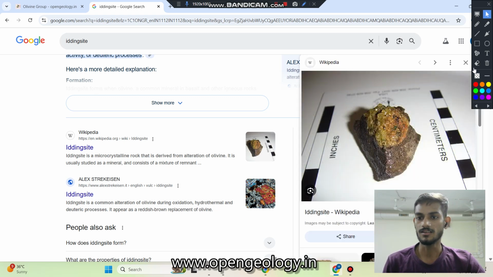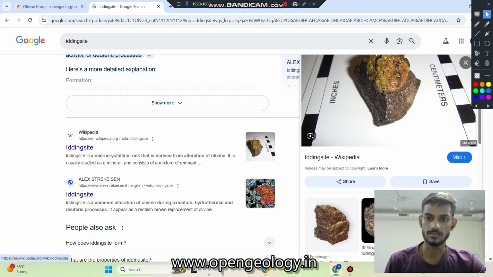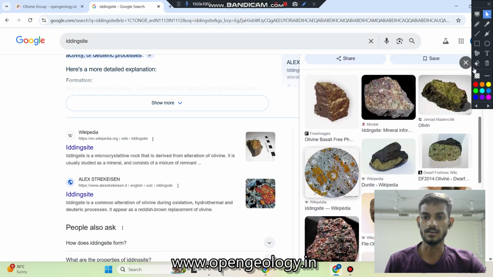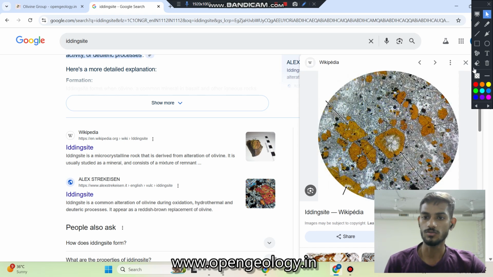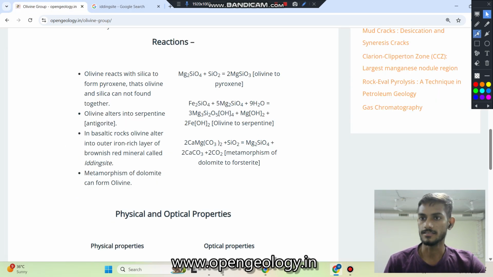This is the basalt, and you can see the outer iron-rich layer. Okay, this is how iddingsite looks. If you go into the microscope, we can see the iron-rich layers outside. So this is the iddingsite mineral, and this is one of the important questions asked in many exams.